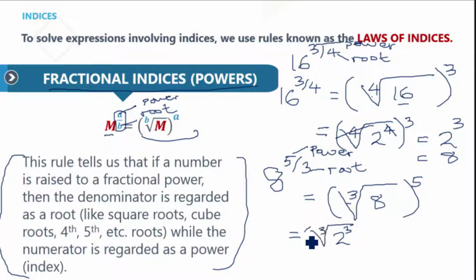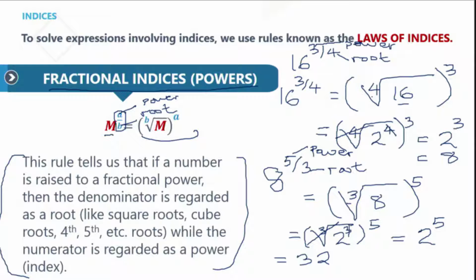We're still retaining our power 5 here. So this power cancels out this root, and this is equal to 2, and we're still retaining our power, 2 raised to the power 5. And 2 raised to the power 5 is what? 32. You can verify that using your calculator or just solving it by hand.